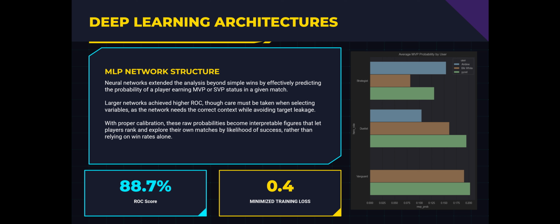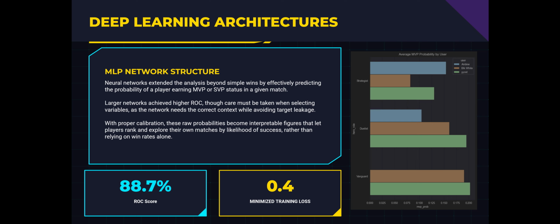There's always going to be one MVP from the winning team, and one SVP from the losing team. Predicting the probability that any hero is going to get that designation allows us to better understand that particular player's performance in that game.